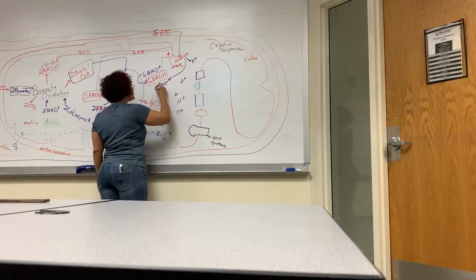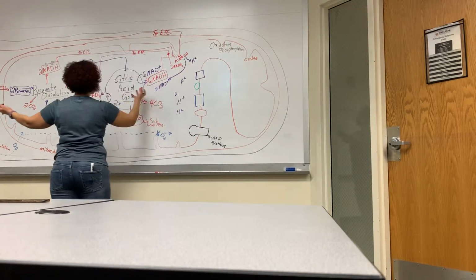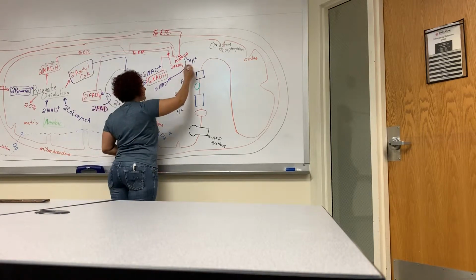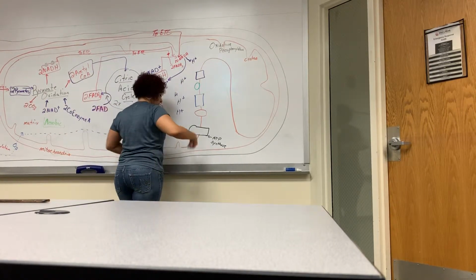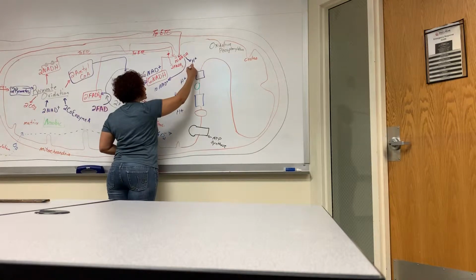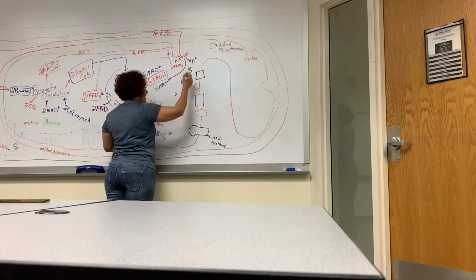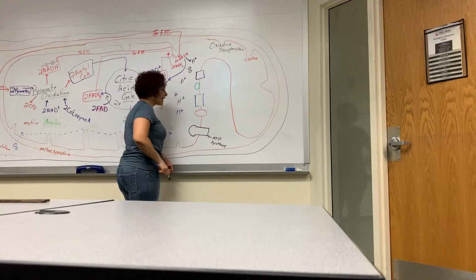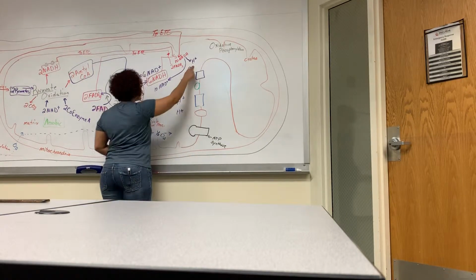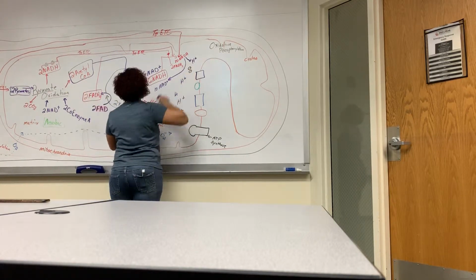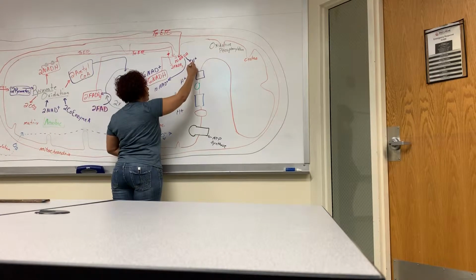NAD pluses, 10 of them, they're just going to go back over here. They're going to be needed. And then you have electrons, which I should be doing in black. Electrons get released, boom. And by the way, these electrons are high energy. They're highly energized because they came from the original high energy glucose molecule.